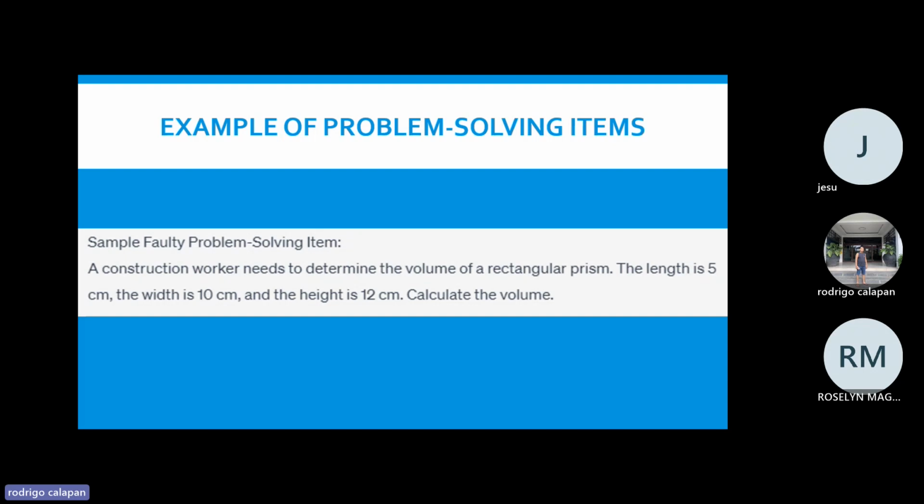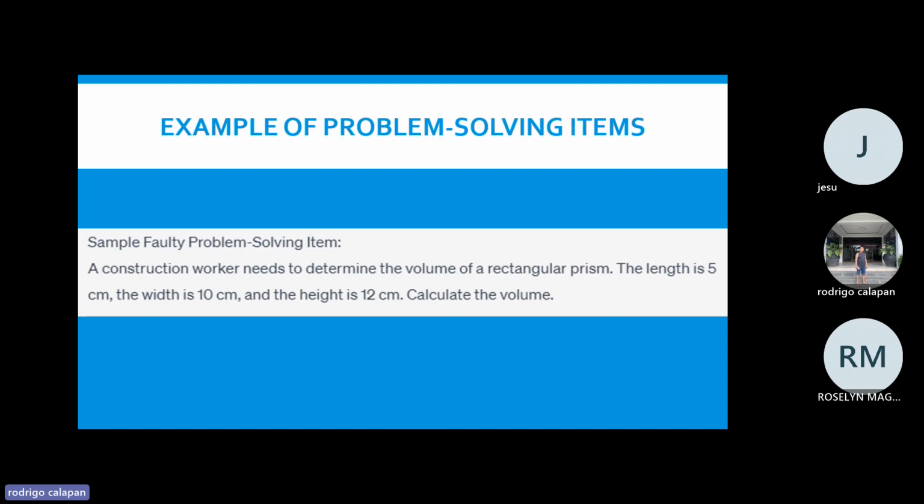And then you are just trying to look into how they solve this particular problem. You want to know if they are still remembering the formula on the volume of a rectangular prism. So that would be okay.